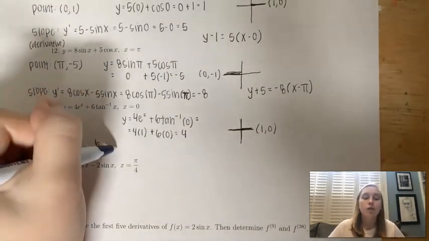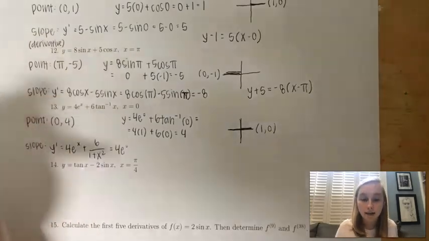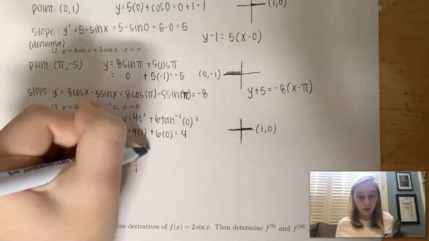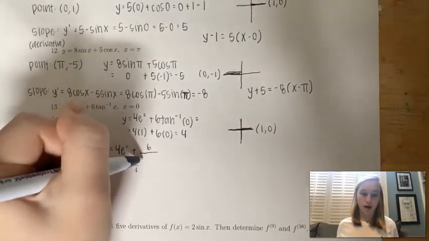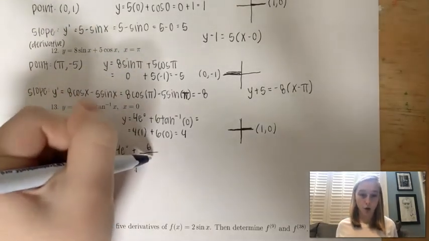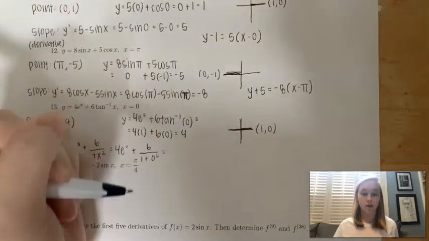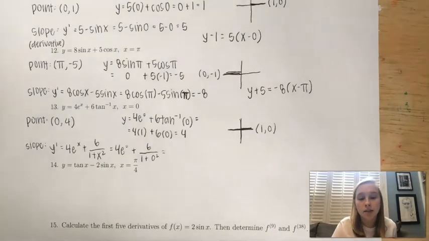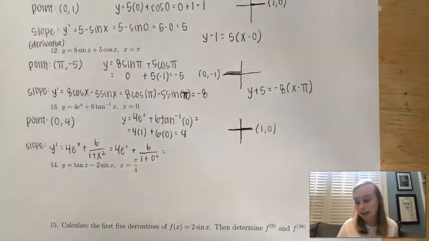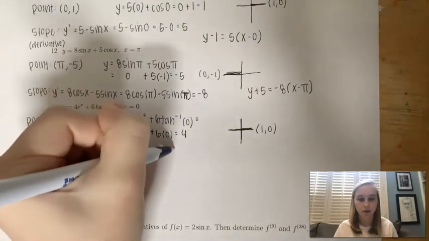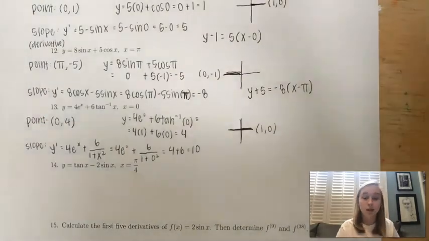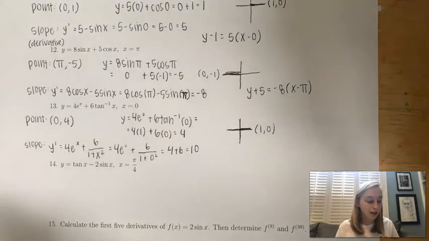In order to find your slope value, you have to plug in x, which is 0. So you get 4 e to the 0 plus 6 over 1 plus 0 squared. So e to the 0 is 1, so you get 4 plus 6 is 10. I don't know why it took me so long to do that. So it doesn't turn out being that bad.